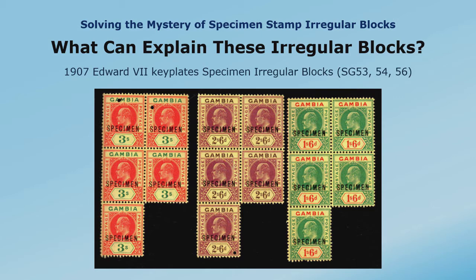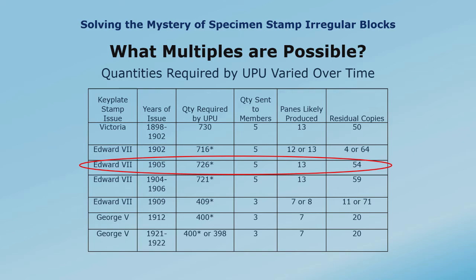If the clerk at the UPU was interested in making his life simple, he would have done exactly what I just showed. Why is this happening? Well, it goes back to the quantity required. In 1905, when this was distributed, there were 5 stamps required and a total of 726.